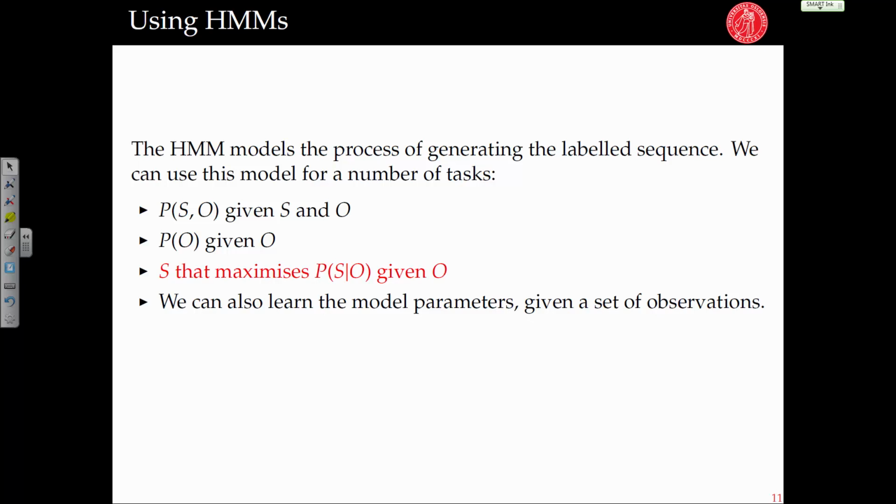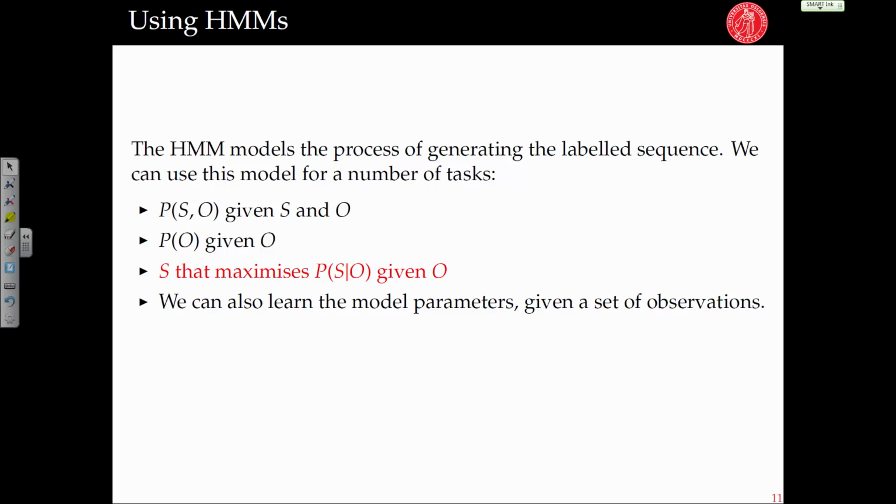So I'm looking for one sequence that maximizes P of S given O. What you're proposing is to look for not S that minimizes P of not S given O. I'm not sure, because that will give you the most unlikely, maybe, right? I have to think about this, but I'm not sure if that will work. I'll think about this in the break.